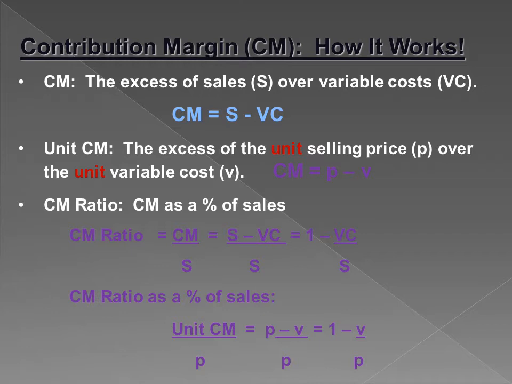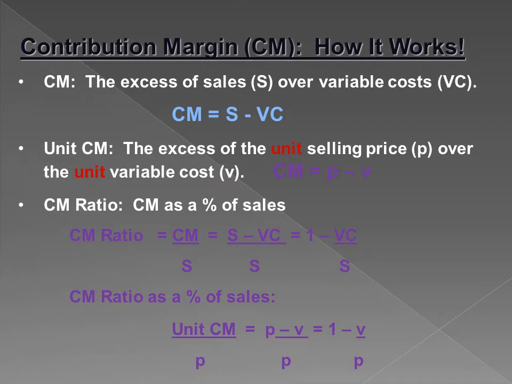Now, on this slide, you see contribution margin expressed as a percentage, and you see it expressed as units. Your little p in your contribution margin will be your price, and your little v will be your variable cost per unit.